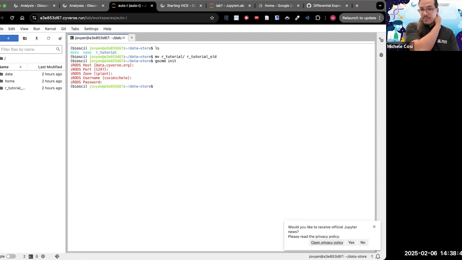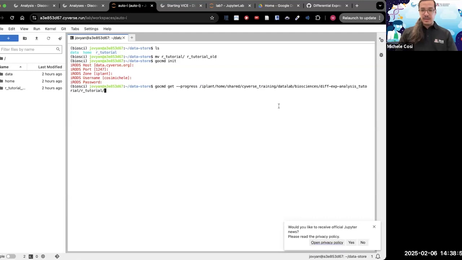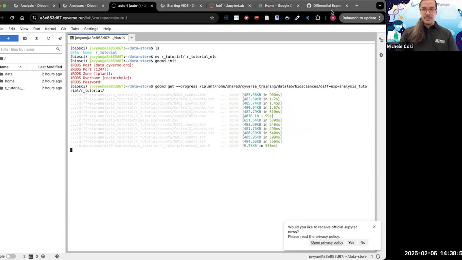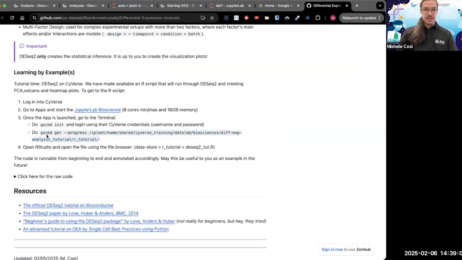And then I can go ahead and paste the line that I had just copied from today, which is this one right here. Go to get cmd --progress and download this folder.